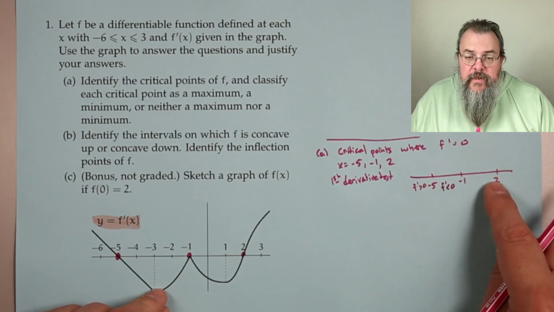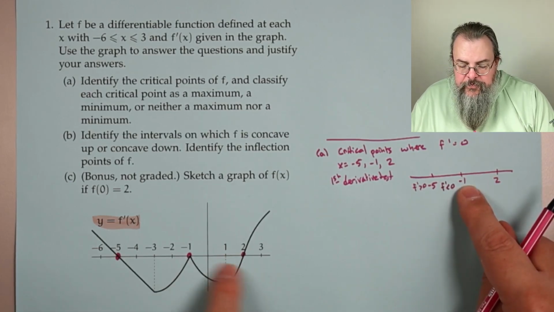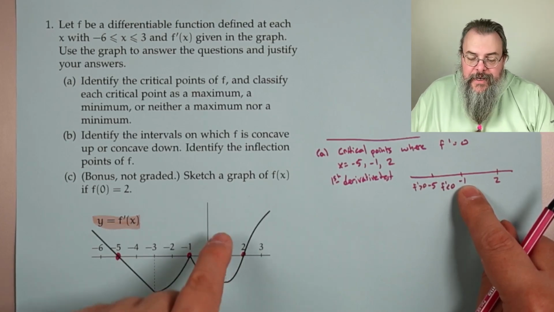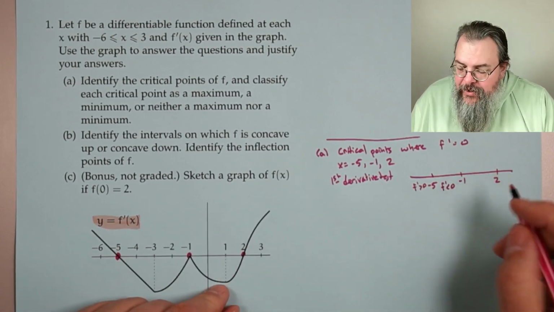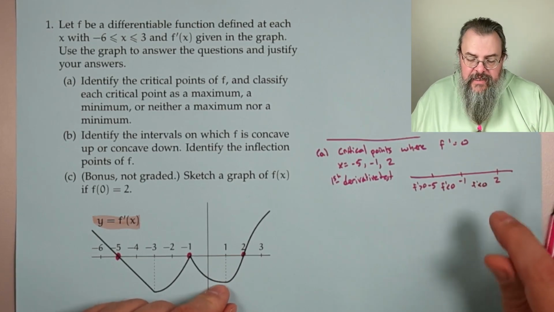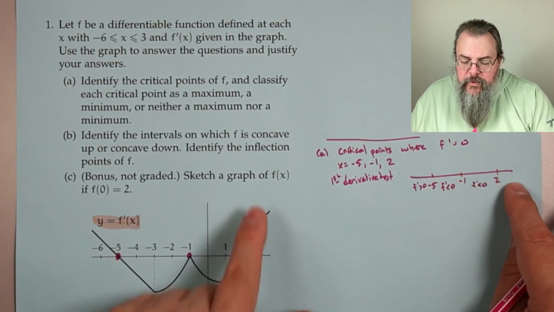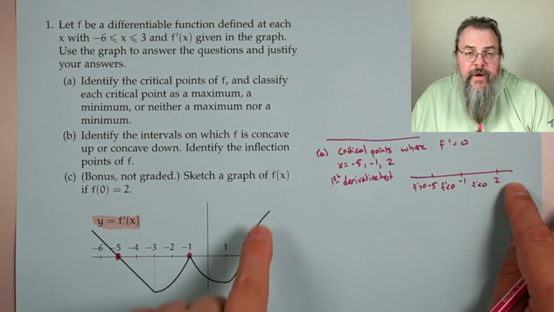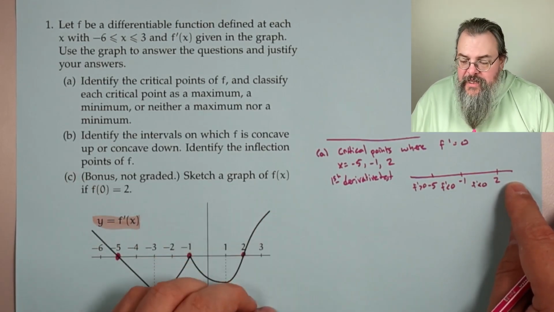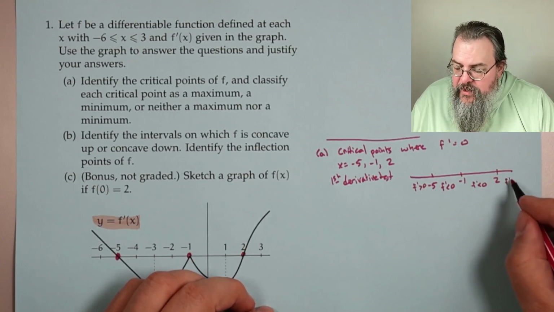If we're between -1 and 2, so here, positive or negative? We're negative. We're down below. So f prime, again, less than 0. And if we're above 2, so we're in this stretch, are we positive or negative? Positive. We're up these stairs. So f prime is greater than 0.